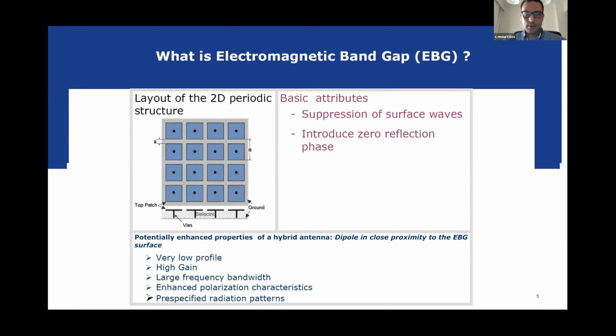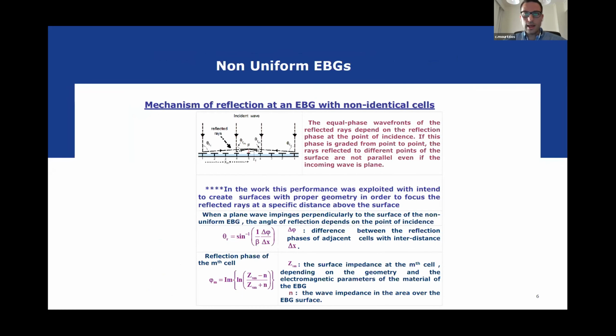It has been proved that antenna systems with EBGs yielded structures of low profile, high gain and frequency bandwidth, enhanced polarization characteristics, and pre-specified radiation patterns. However, our research focused on non-uniform EBGs.